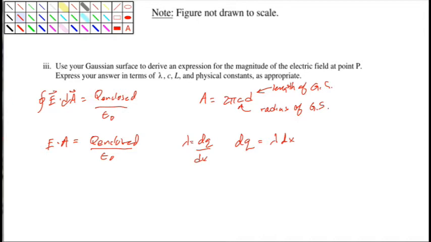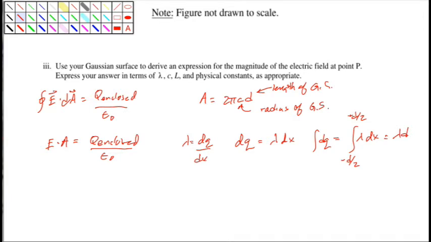And we're going to integrate this, from minus d over 2 to plus d over 2 of lambda dx. When we do this out, we get lambda x evaluated from minus d over 2 to plus d over 2, and we get lambda d.